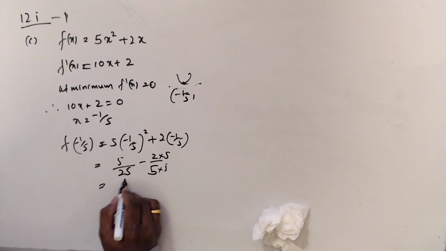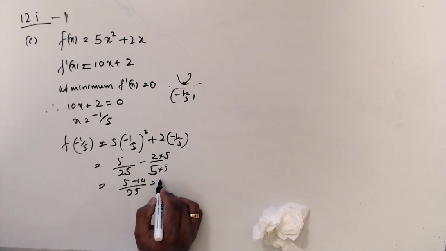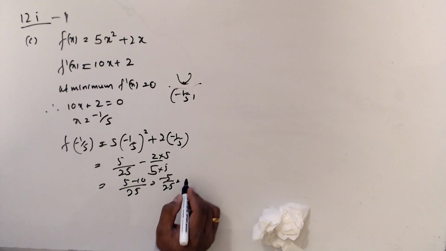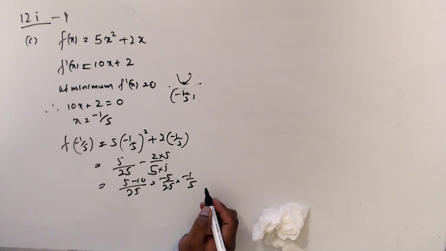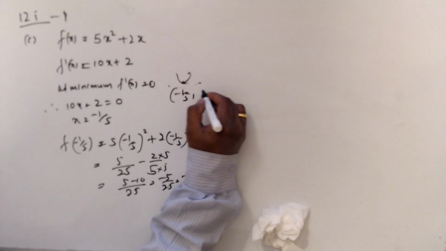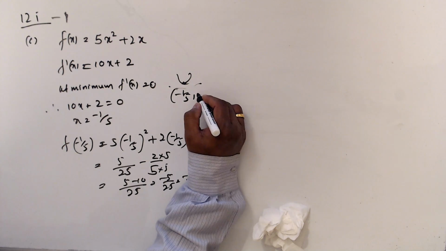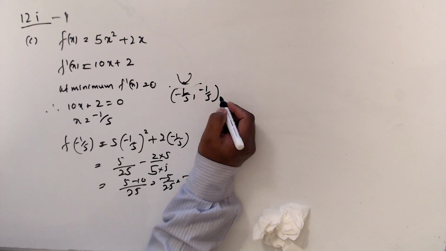This is going to be 5 minus 10 over 25. So the point is going to be minus 1 over 5.